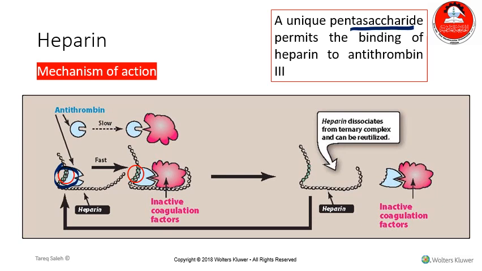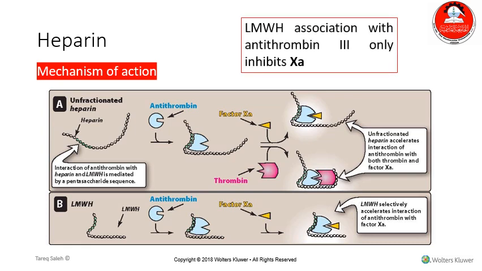So a sequence of five connected sugars in the heparin molecules is enough for it to bind to antithrombin, resulting in its activation or enhancement. This basically explains how low molecular weight heparins can still be active.